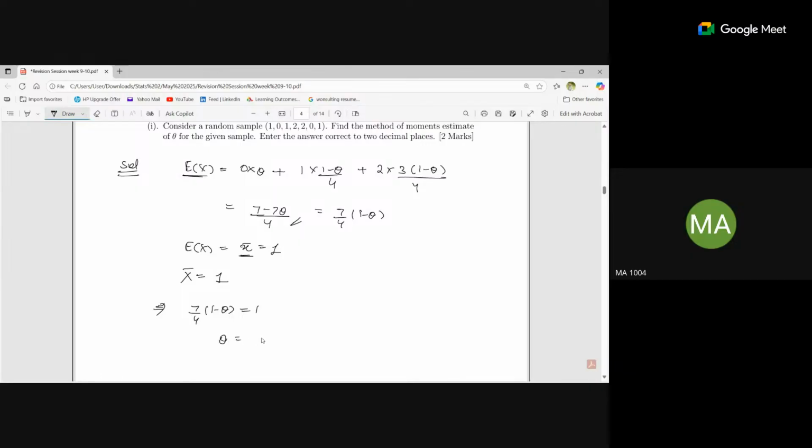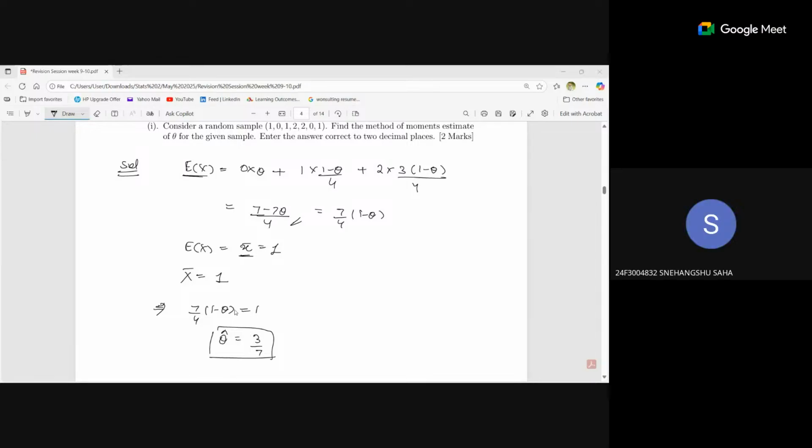Now, theta will be equal to what? This will be 3 by 7. Everyone sure? Like this will be 3 by 7?